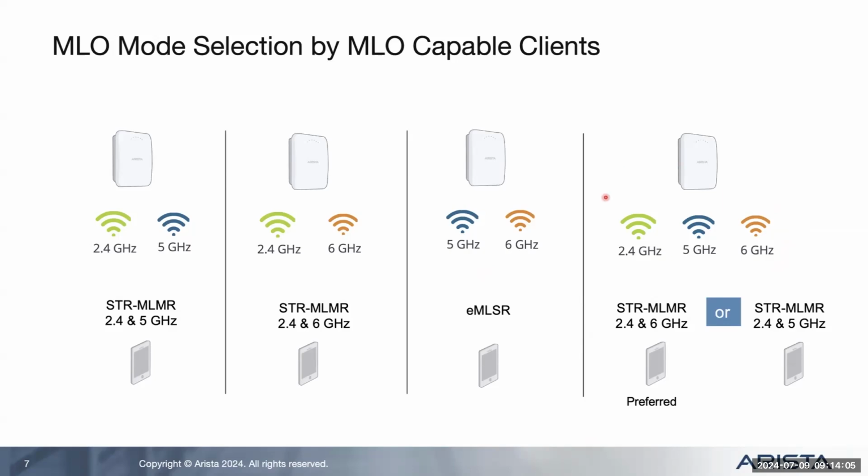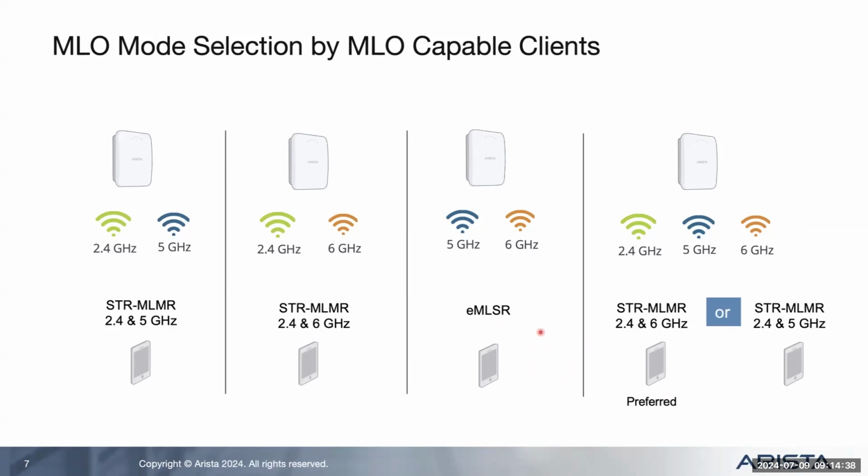So in the last case, when we have the SSID on all of 2.4, 5, and 6, these clients usually form STR MLMR on 2.4 and 6 or 2.4 and 5, but mostly they prefer 2.4 and 6 when operating in the US region. I think it's interesting that 2.4 is preferred in this case rather than 5 and 6. Yes, that is quite an interesting observation we also noticed.